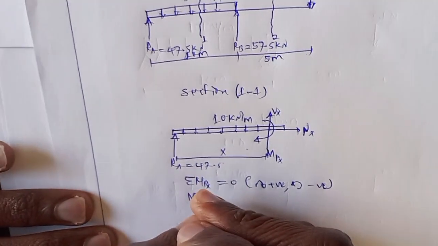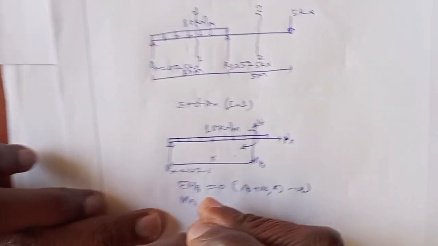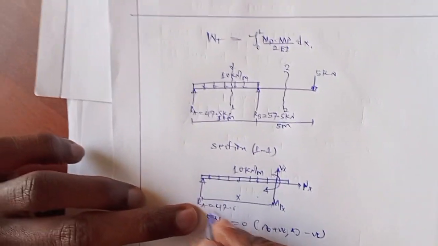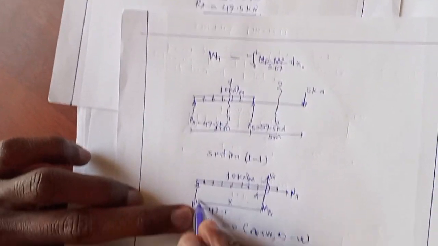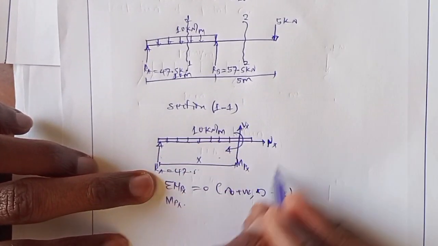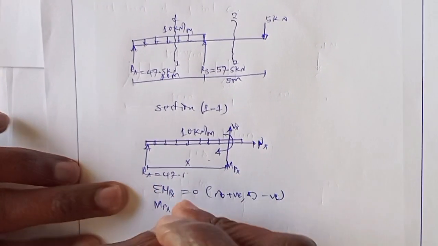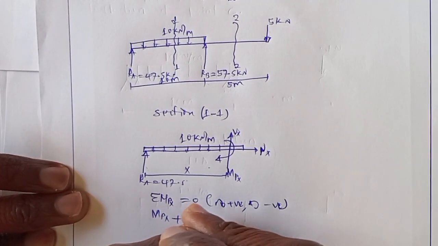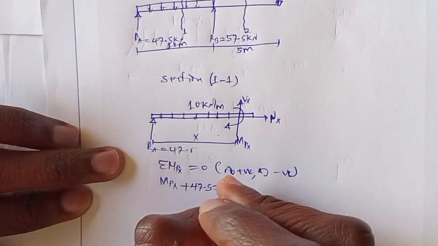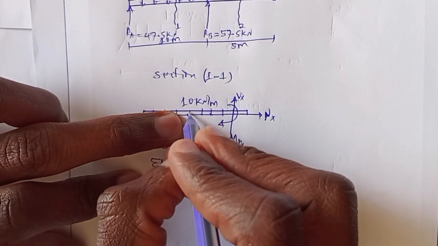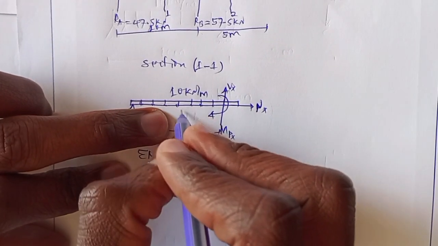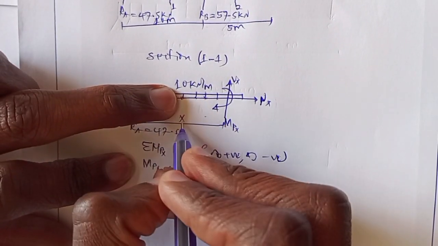So it will be Mx plus this one, force times perpendicular distance, 47.5x, minus this one, since it moves in the clockwise direction.